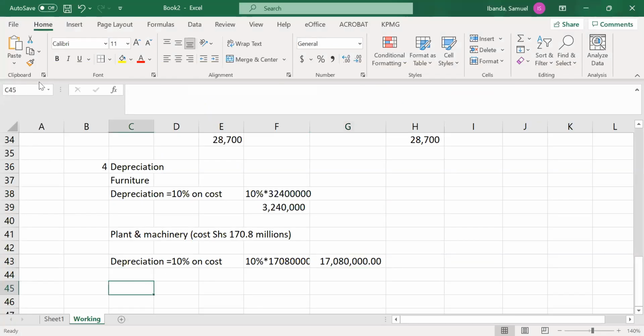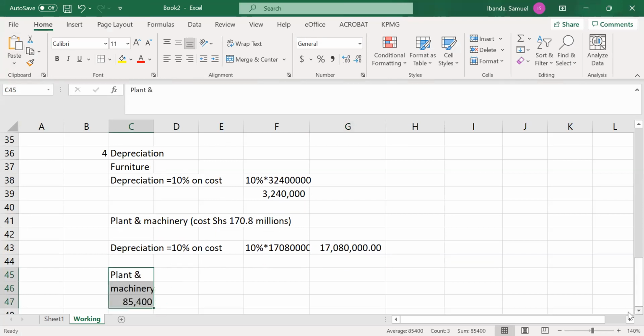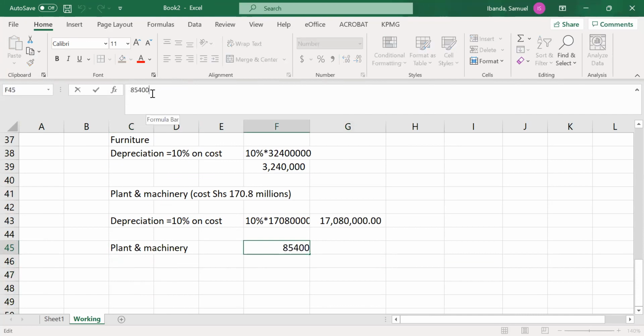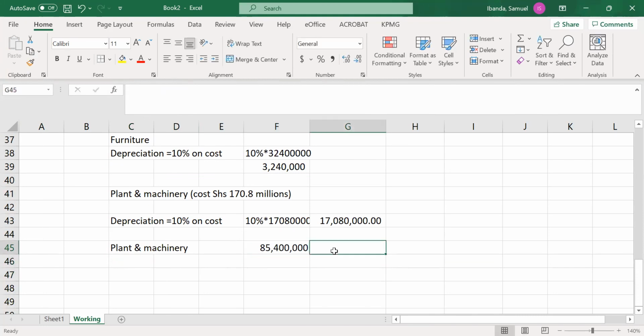So I'll just bring it here. This plant and machinery is this value. I'll just add the 3 zeros.